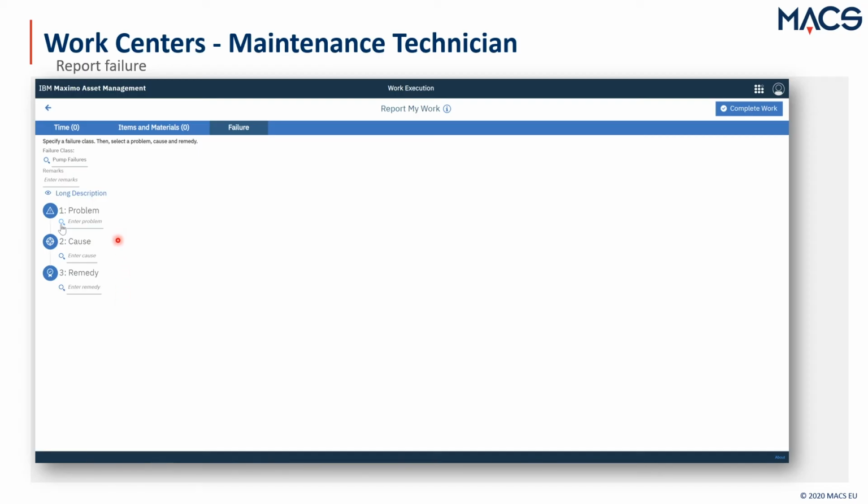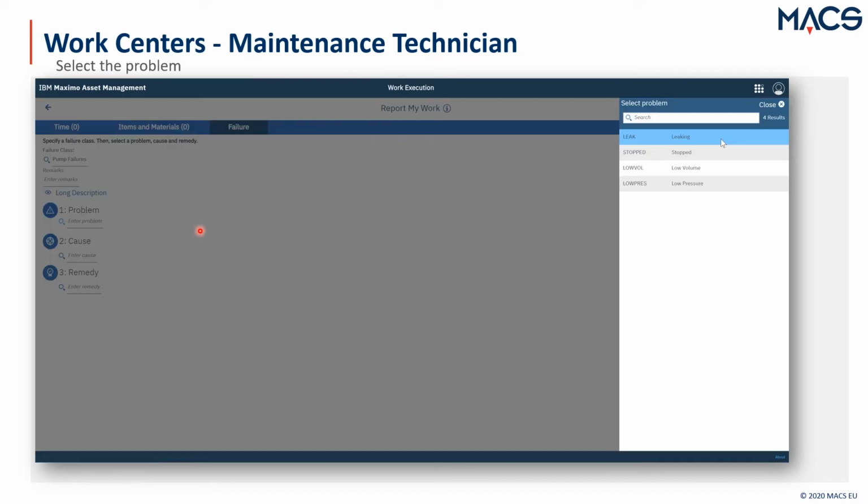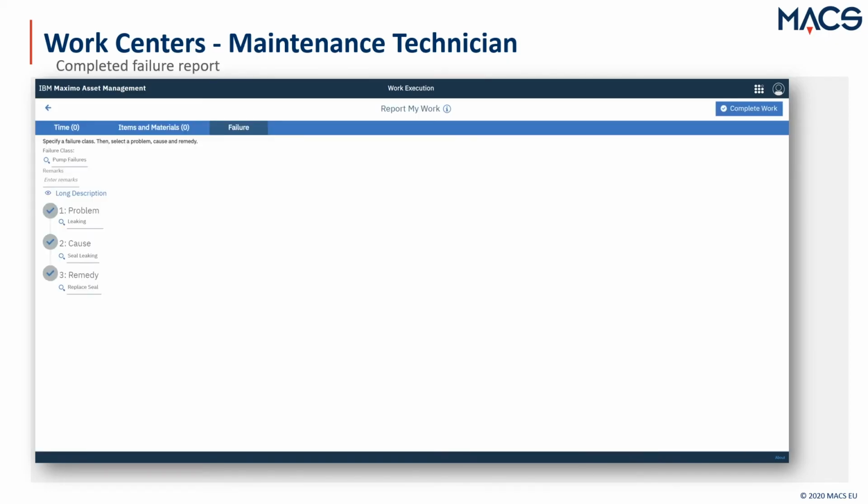And by selecting the first one, in this case the problem, based on the failure class pump failures, he gets the problem, which was leaking. He will automatically be guided through the 3 steps of the problem cause remedy tree. And when you have completed that, then you have a very nice failure report, which gives you very valuable information about this particular asset for the future.